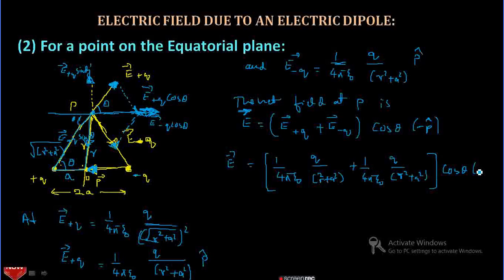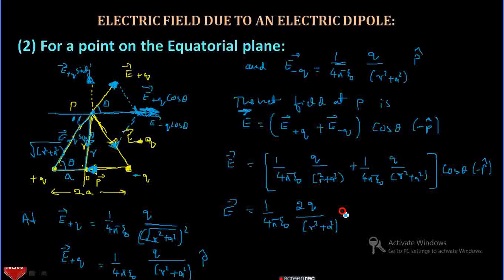So now E vector is equal to 1 by 4 pi epsilon naught, which is common, Q plus Q, which is 2Q. R square plus A square is also a common thing, into cos theta.